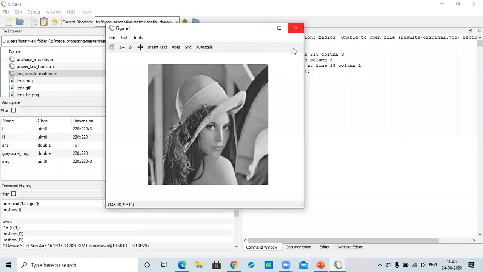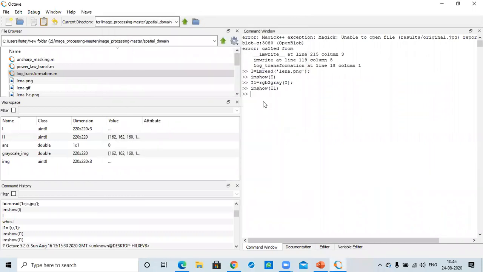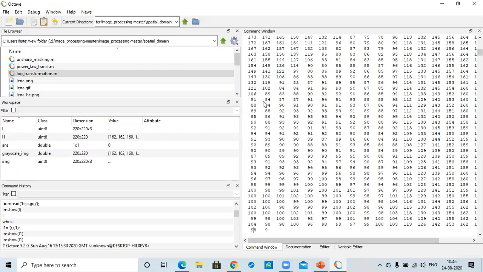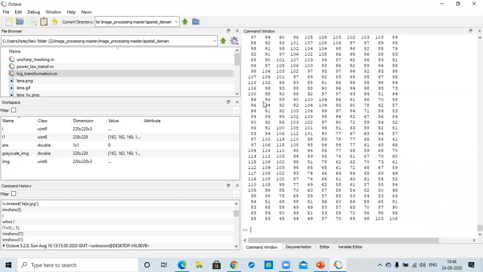I have shown the values already, but now after the theory you can understand it very clearly. In I1 you see there are different values ranging from 0 to 255. 81 is there, 105 is there, 103 is there, etc.